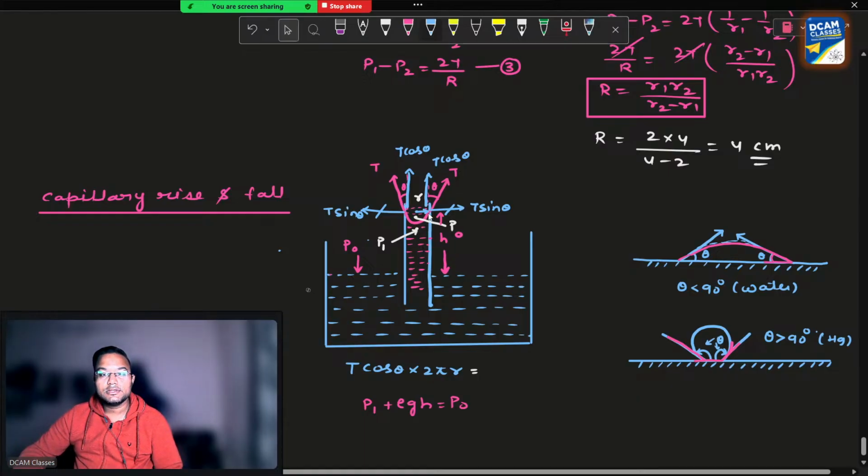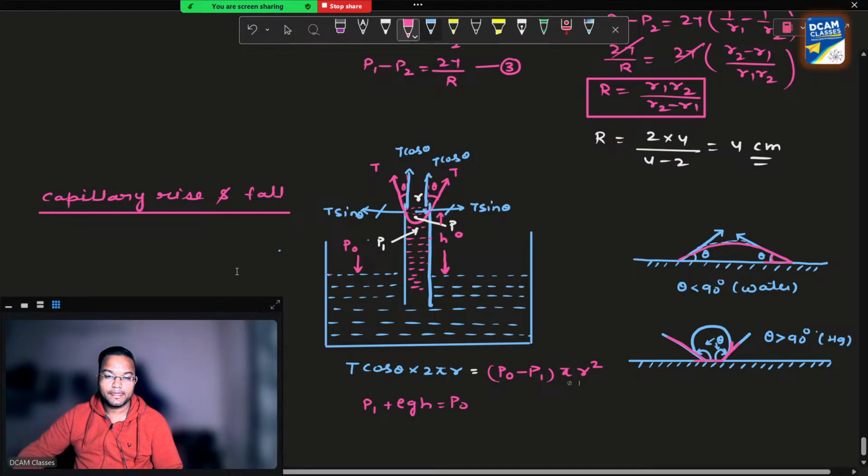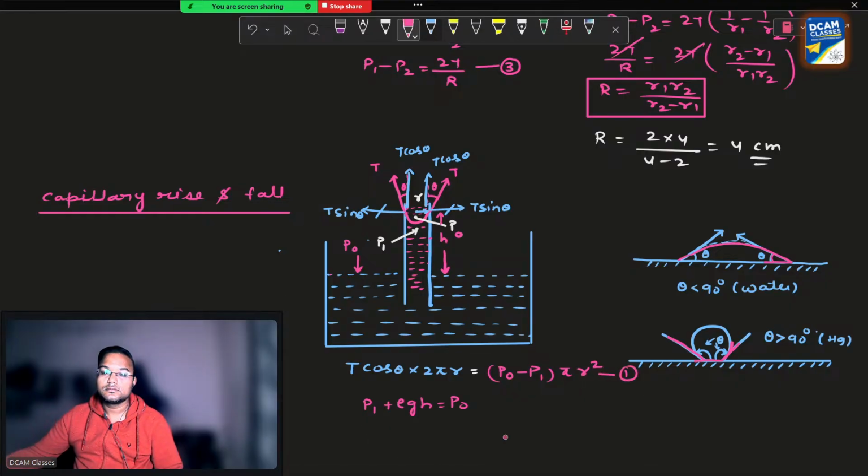But if we try to look at the force here, which is trying to maintain equilibrium with T cos theta, the surface tension force, that will be P0 minus P1 into pi r square. Clear? Understood this part? Yes, sir. Okay, try to cancel this r, and this one.